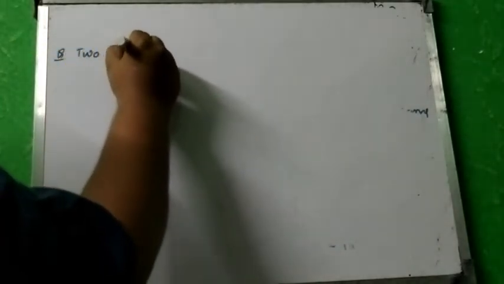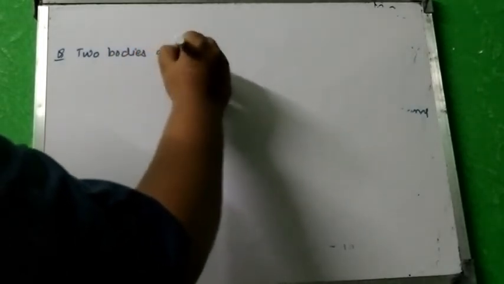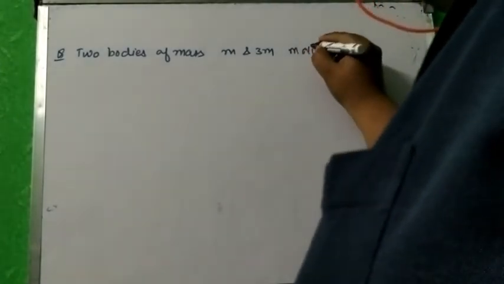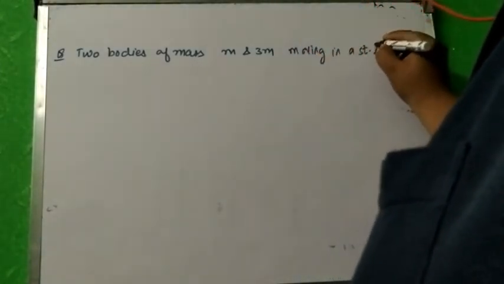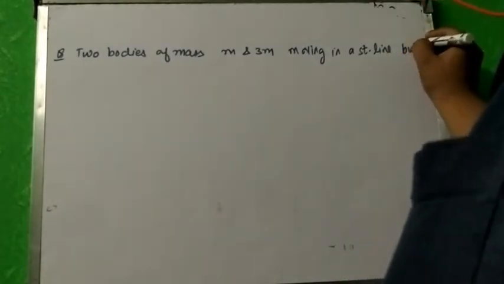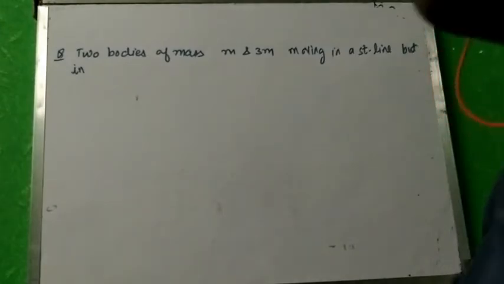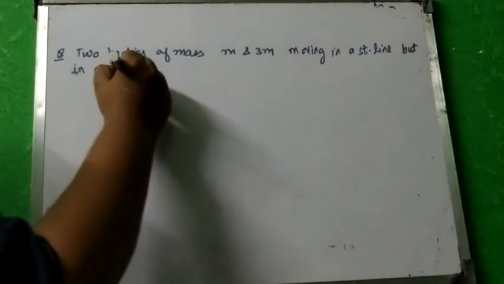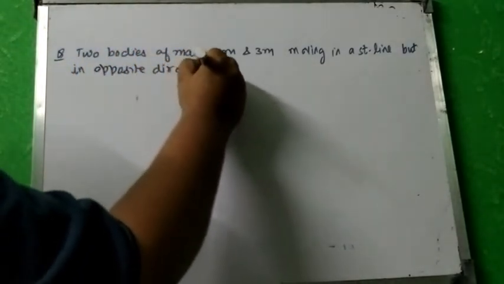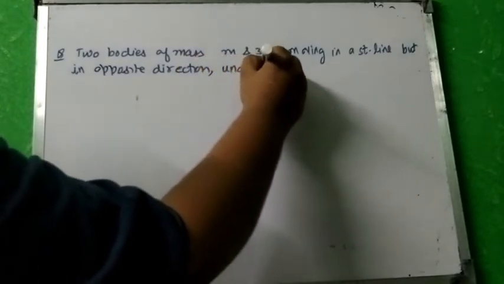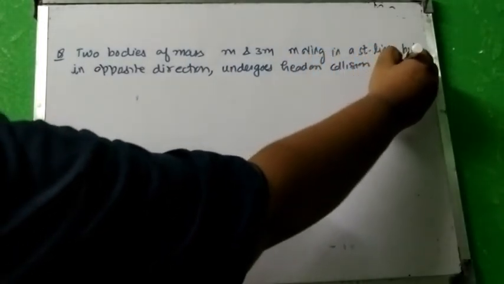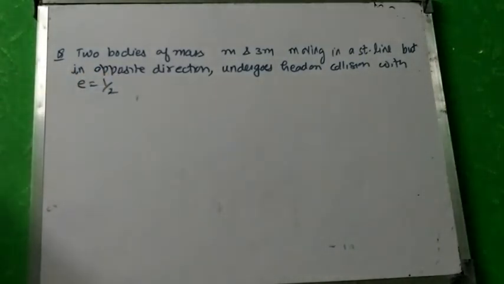Two bodies of mass m and 3m moving in a straight line but in opposite directions undergo a head-on collision with E equal to 1 by 2.